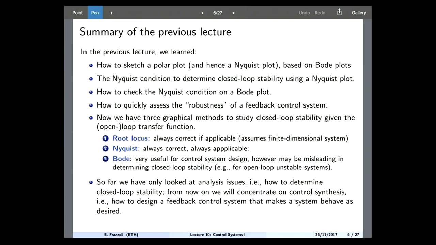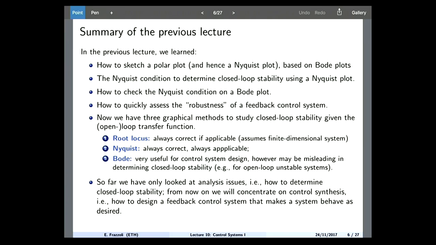Good. So the summary of the previous lecture. So we looked at how to sketch a polar plot. The Nyquist plot is just the same thing, but with a symmetry about the real axis, up and down symmetry, right? Also remember that typically when you draw the Nyquist plot, you want to be careful about, if you have asymptotes that go to infinity, how you close them, right?